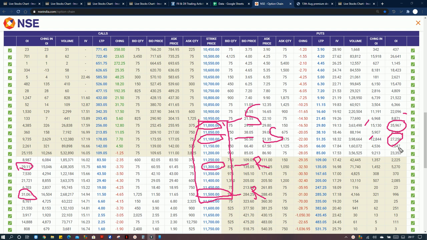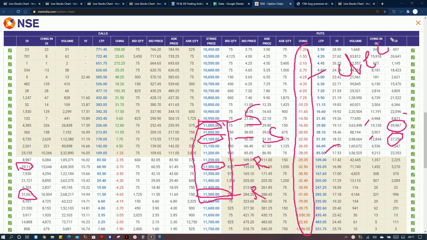But the put writers have been very active, and they are continuously building at lower levels. So that is what we can say, that strong support is being built at 11,000, 11,100 and even 11,200. At 11,000, if you compare the premium decay, you can see that a big amount of decay happened on the put side.